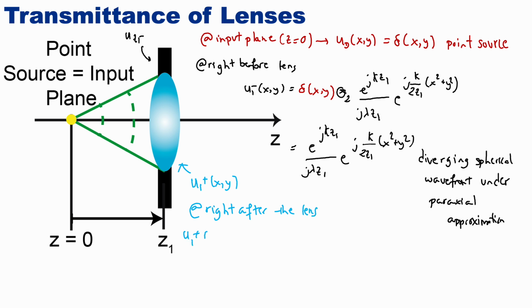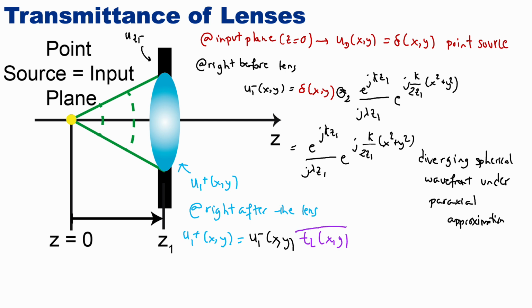what we're gonna have is what we had right before the lens multiplied by the lens transmittance. Excuse me.